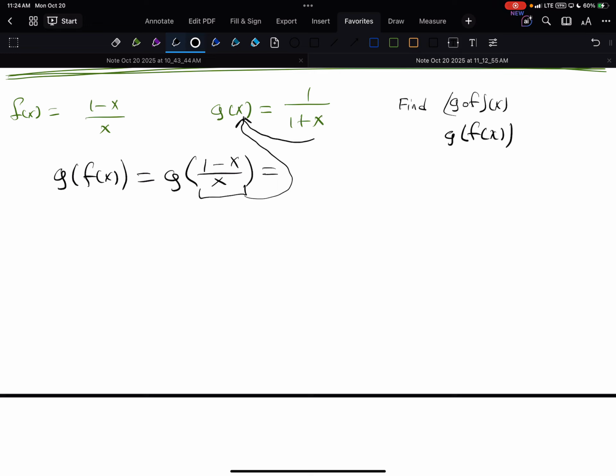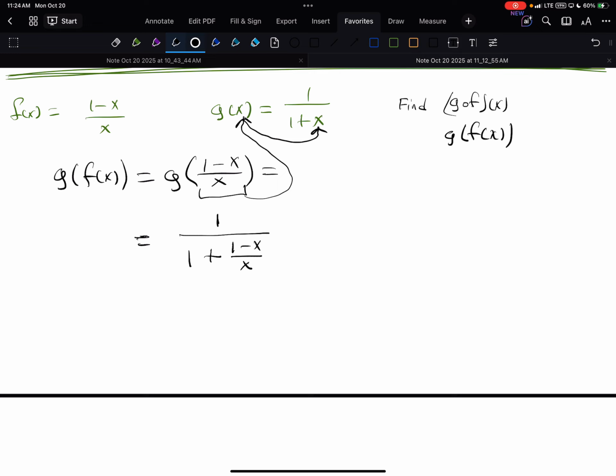Well, that goes every place that I have an X on the right-hand side. And so what I'm really going to be putting in here is 1 minus X over X in place of that X. All right, let's write it down and see if it looks right. I have 1 over 1 plus 1 minus X over X.